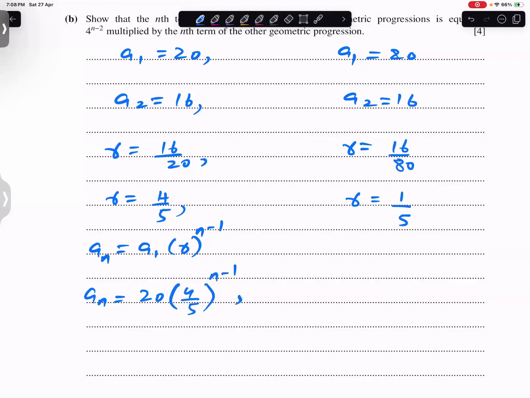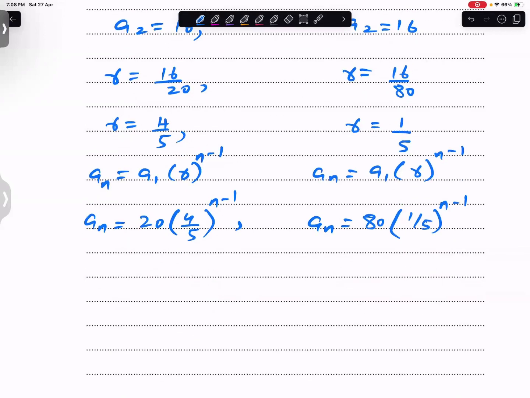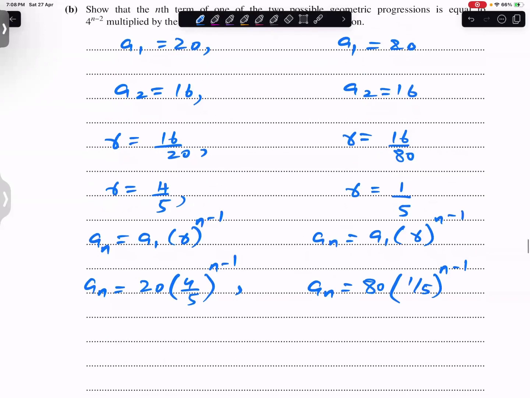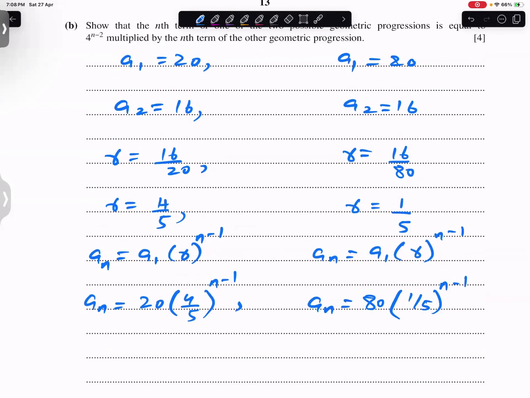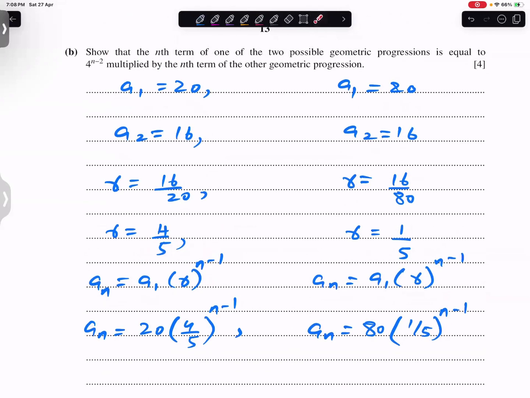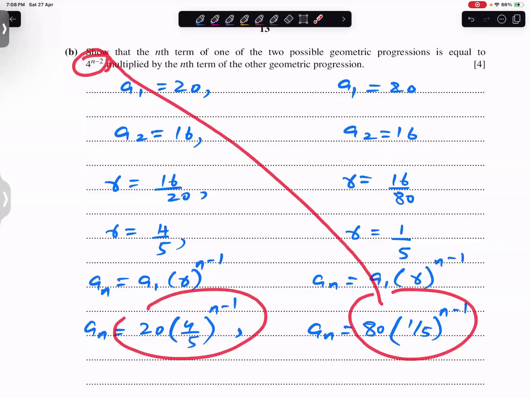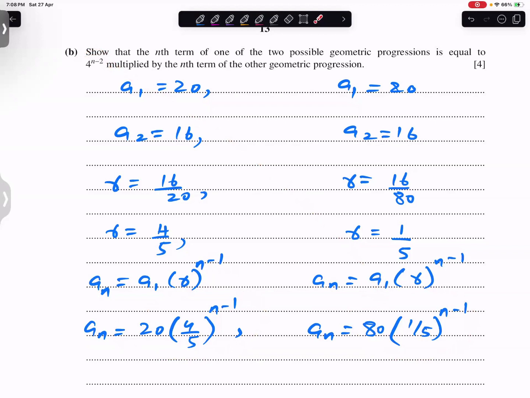And in the second case, A1 is 80 and r is 1 over 5 raised to power n minus 1. Now we need, students, to multiply one of the nth terms with this number to get the other nth term. Okay.